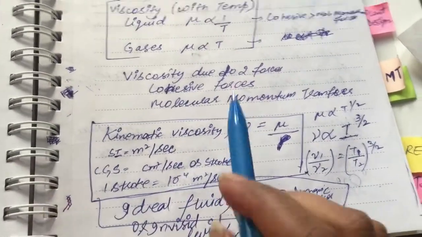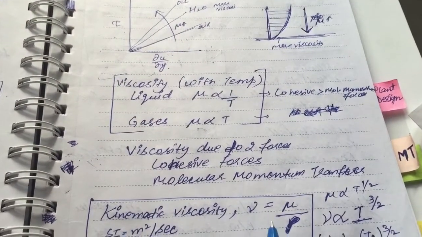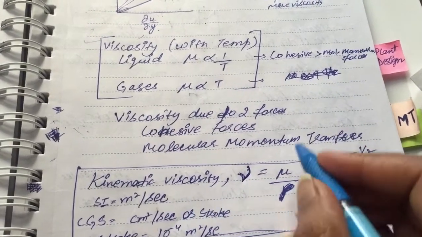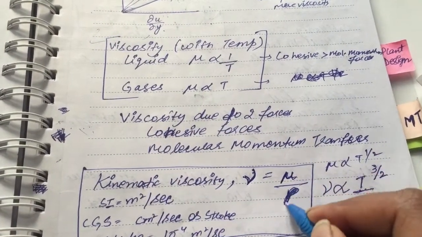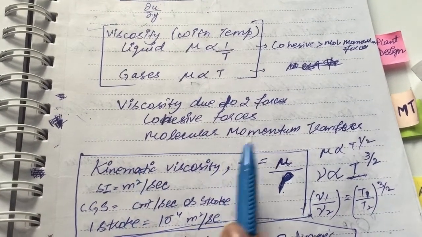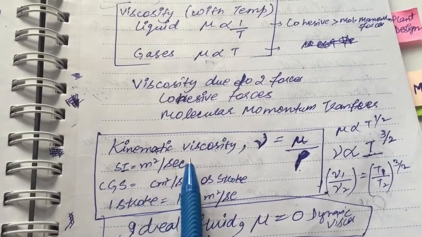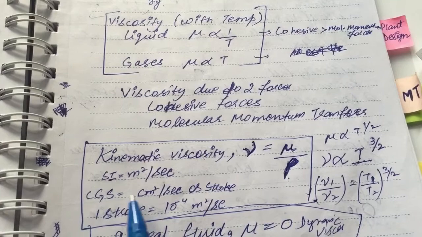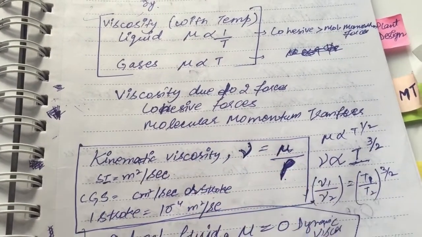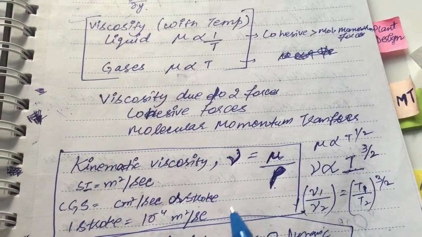Then we have kinematic viscosity, noted as nu, and kinematic viscosity is equal to mu by rho, absolute viscosity by density. Its SI unit is meter square per second, and its CGS unit is centimeter square per second, or stroke is also its unit, and one stroke is equal to 10 to the power minus 4 meter square per second.